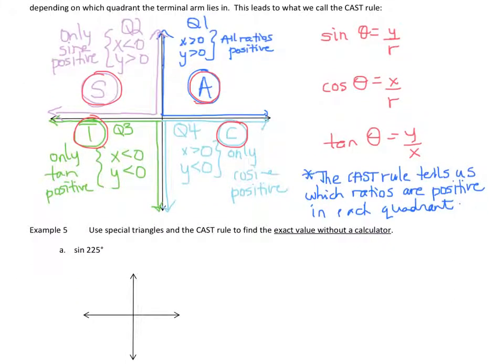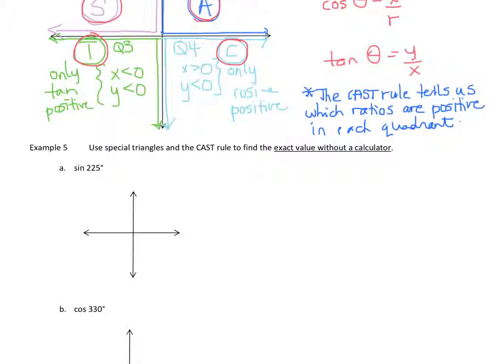The next question says, use special triangles and the CAST rule to find the exact value without using a calculator. Okay, so the first one is sine of 225 degrees. So 225 degrees has a terminal arm right about here.